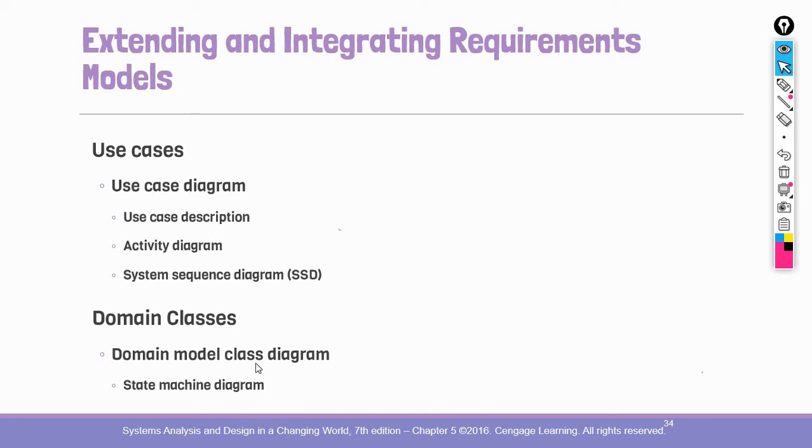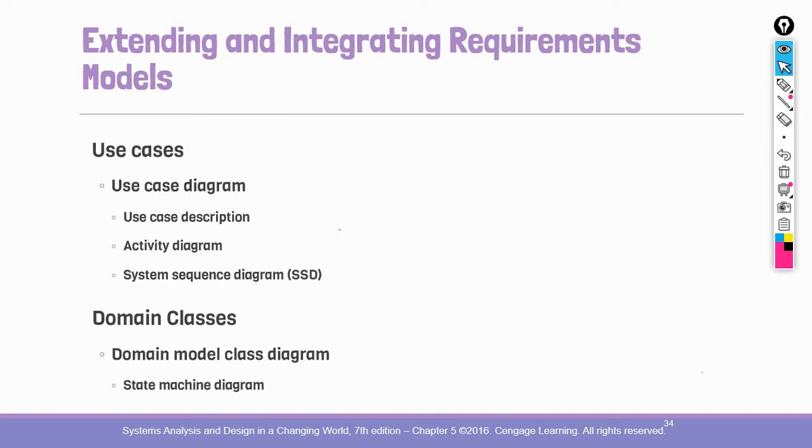The diagrams described in this lesson allow analysts to completely specify the system functional requirements by modeling details of the use cases. Because you are using an iterative approach, you would only construct the diagrams that are necessary for a given iteration.